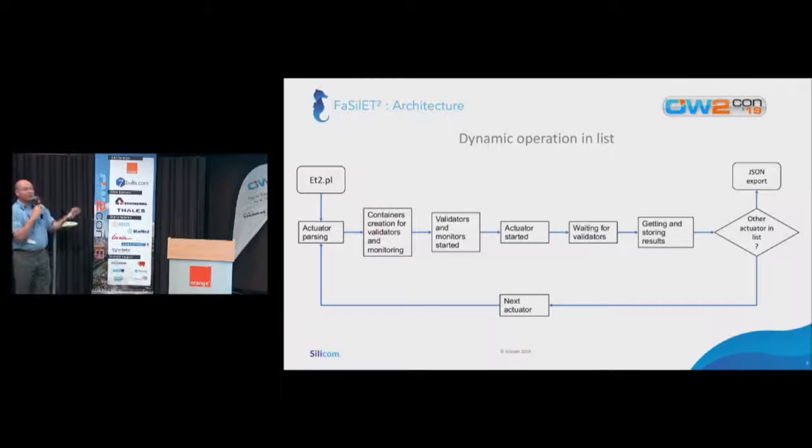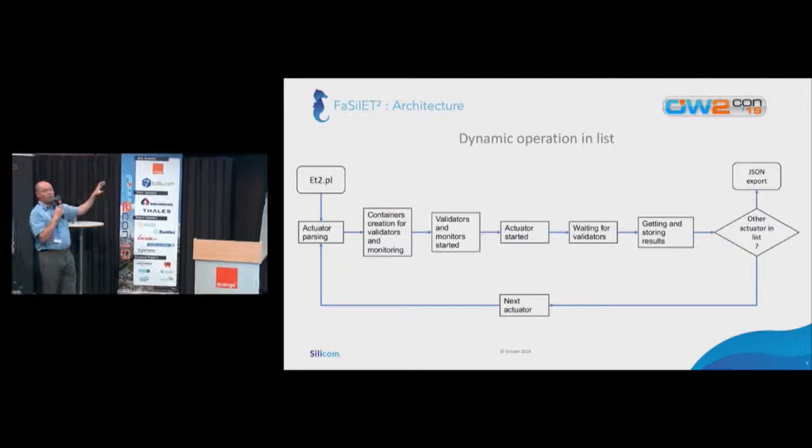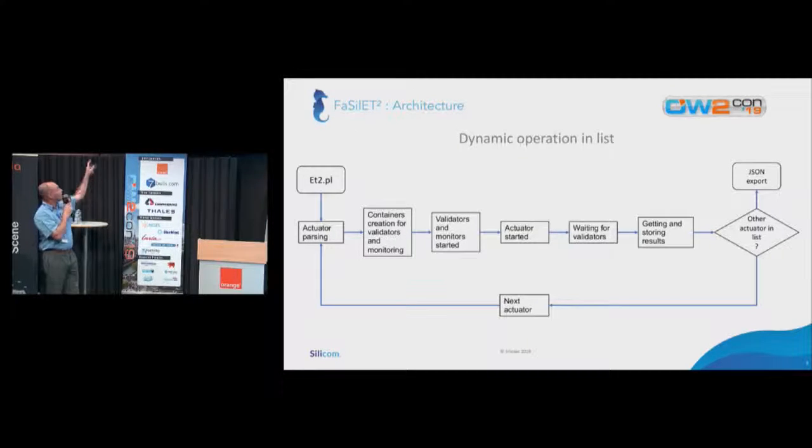Dynamic operation is very simple. You write your script. You launch the first main script, which is called et2.pl. Actuators are parsed. Containers are created for validators, and monitoring depends on actuators. After that, they are started.